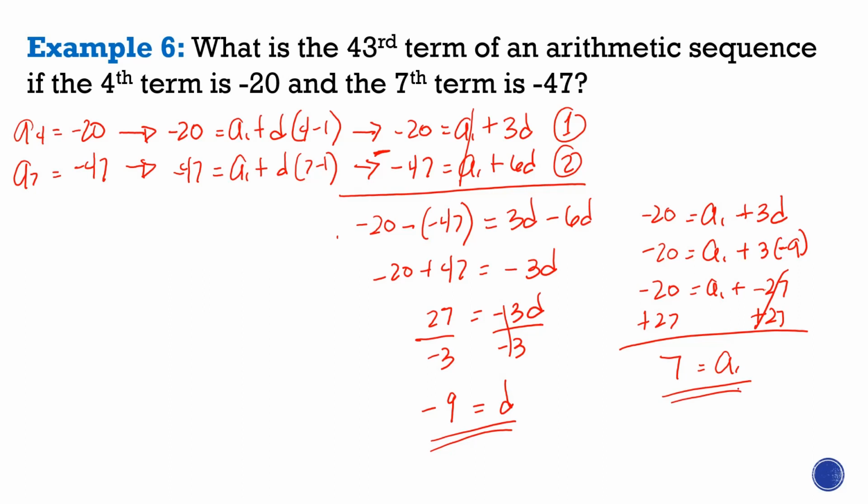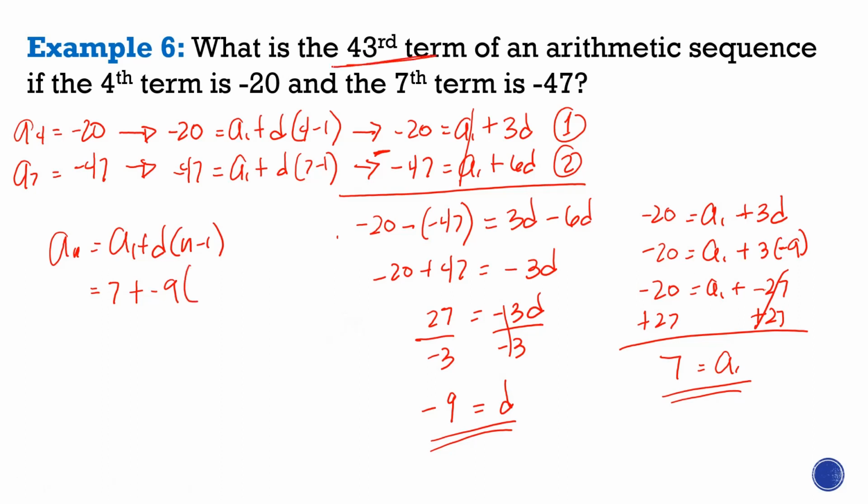Now that we have our first term and our common difference, we can find the 43rd term of the sequence using this formula again. That should be A1 plus D times n minus 1. Our first term is 7. Our D is negative 9.